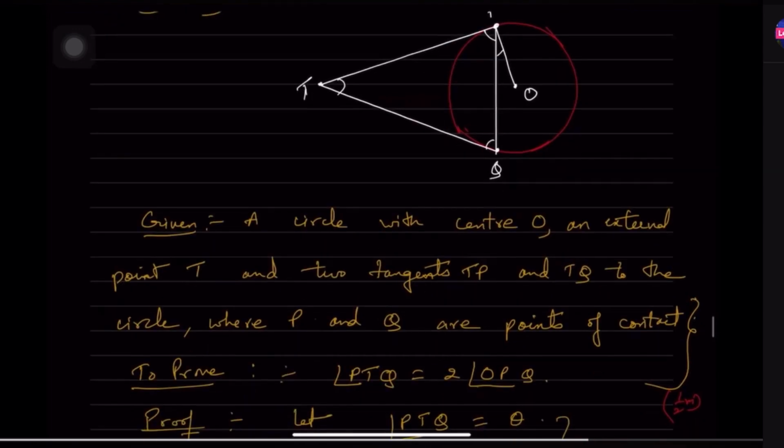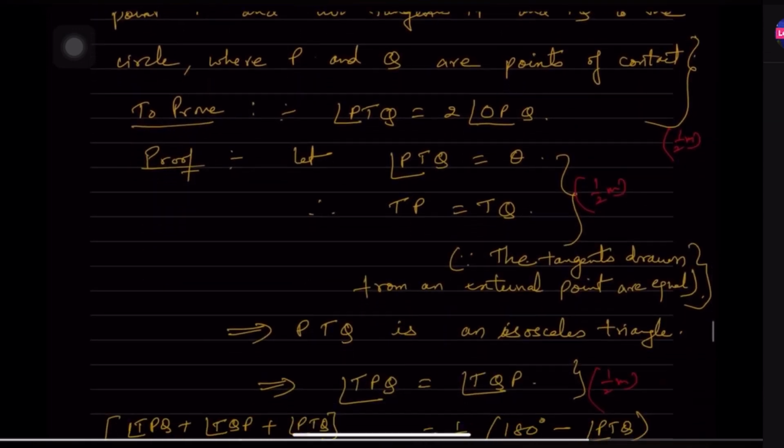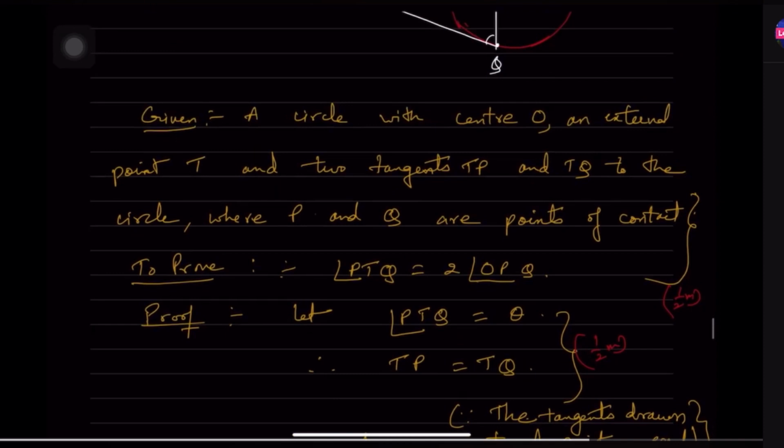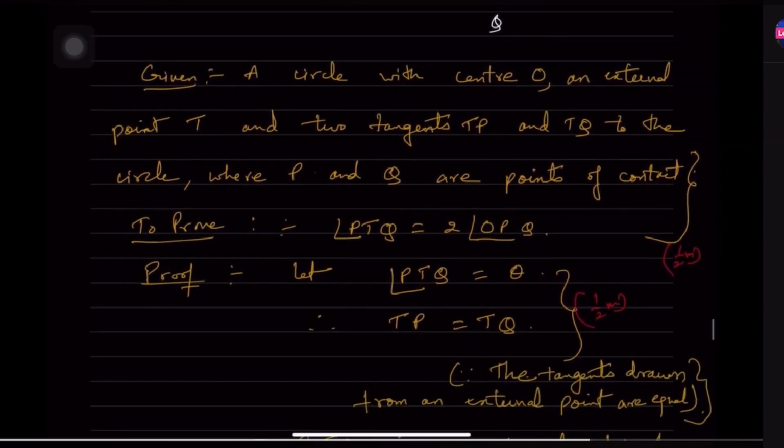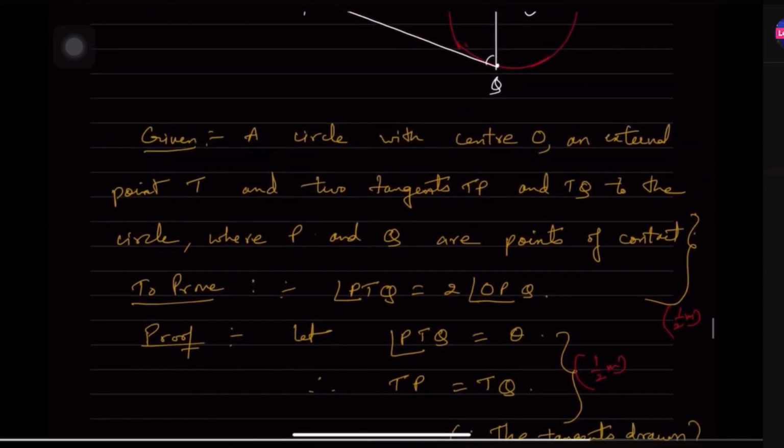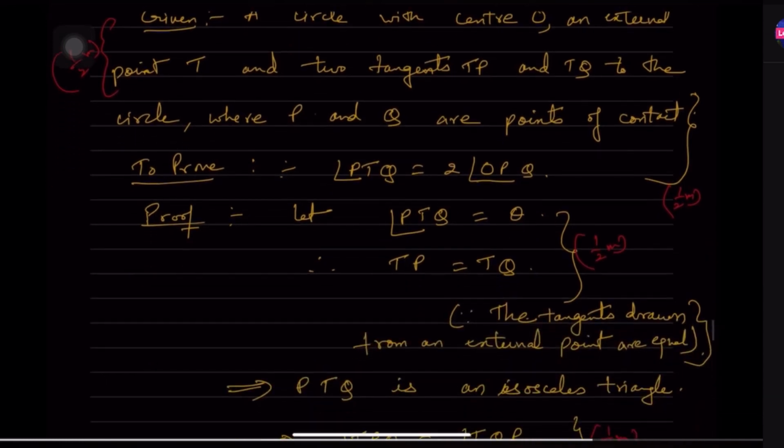So from this if you write this as theta, therefore TP is equal to TQ. This is also given to us. For what is given you are having half mark. For what is to be proved we are having half mark. So from this proof part here, angle PTQ is equal to theta, therefore TP is equal to TQ, since the tangents drawn from an external point are equal.